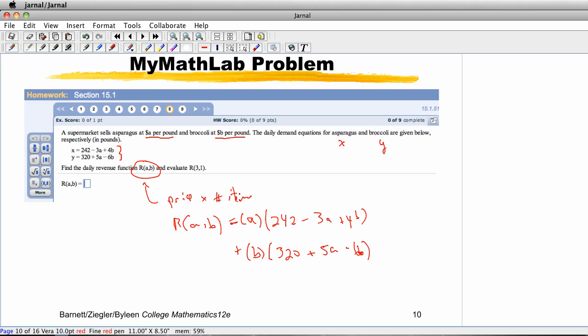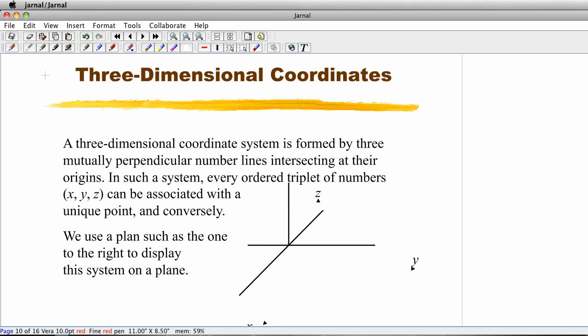I probably recommend simplifying it a little bit because it's going to be easier to type in the box. And then we want to know R31. Well, R31 is simply putting 3 in for A and 1 in for B. And that will represent the revenue that we can expect if we charge $3 a pound for asparagus and $1 a pound for broccoli.